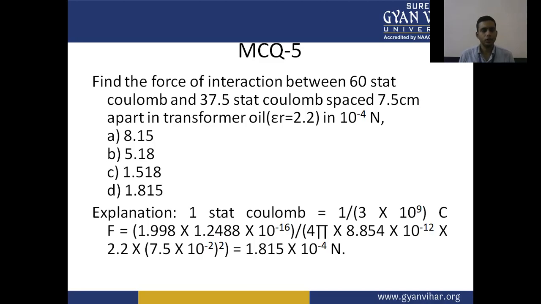F is equal to the force, that is 1.998 into 1.2488 into 10 to the power minus 16 upon 4 pi epsilon naught epsilon r, which comes to 1.815 into 10 to the power minus 4 Newton. So the correct answer is D.